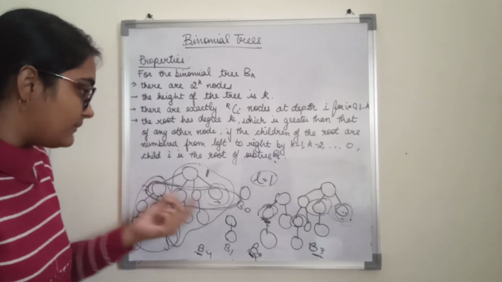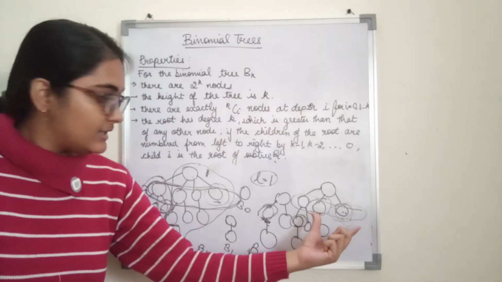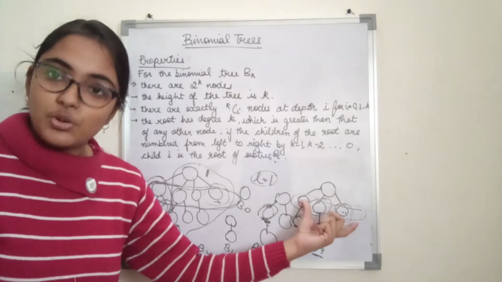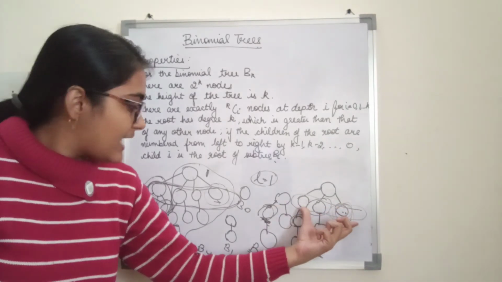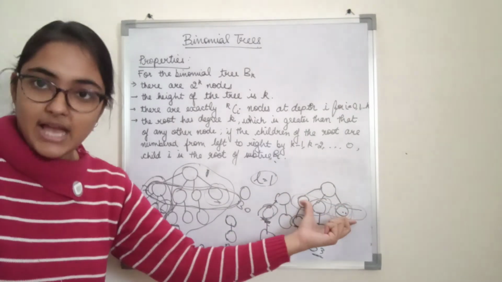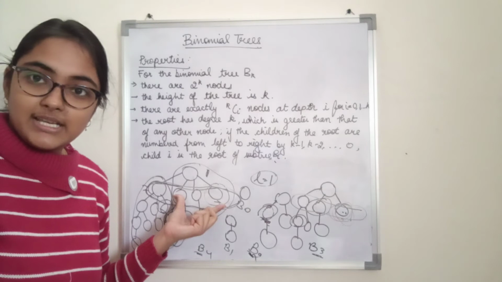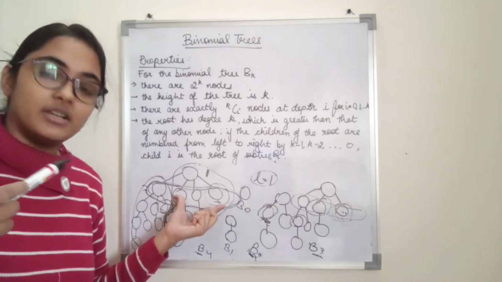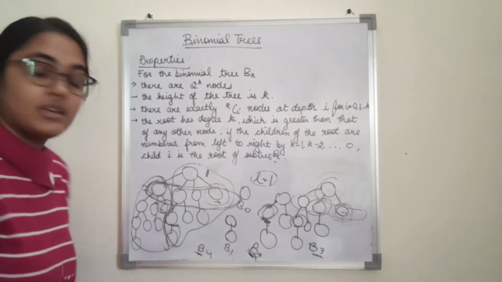How is this possible? These three nodes are at depth 1 in b(k-1). What is b(k-1)? b3, right? So these three are appearing here as they are. Whatever is present at depth i in b(k-1) is present in b(k) also as it is, plus at depth i, the number of nodes at depth i minus 1, this particular node is appearing here.